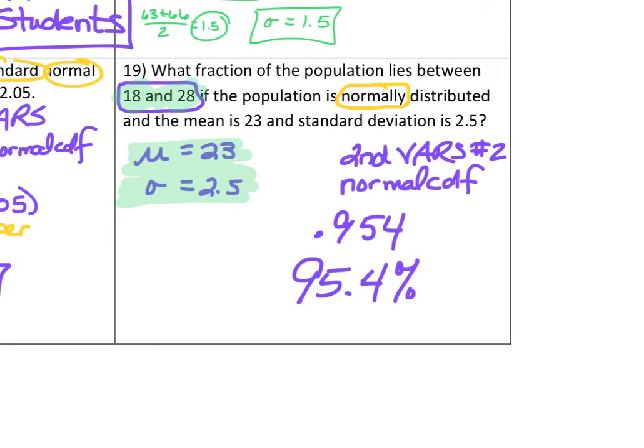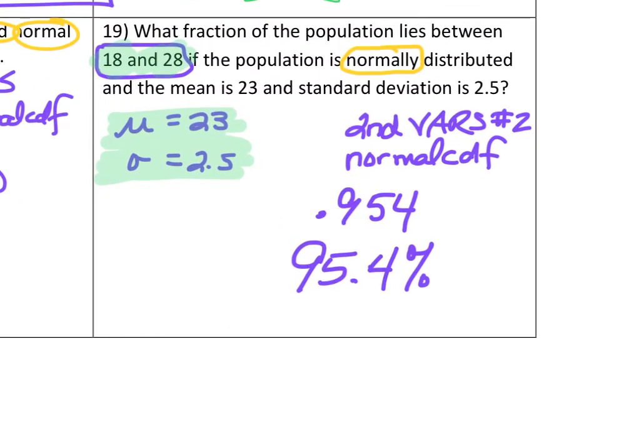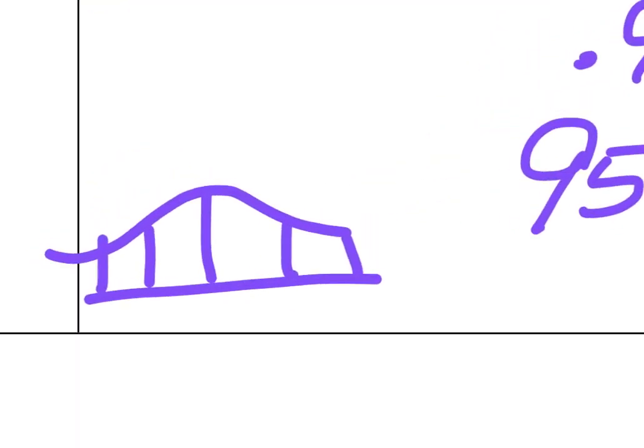Interesting. I just now did that problem without looking at my answer key, and in my answer key I had drawn out the normal curve. If you had recognized that 23 plus and minus 2.5 twice would be 18 and 28, then you could have just drawn your curve and written out the numbers, and you would have had 23 here, 25.5 here, and 28 here.